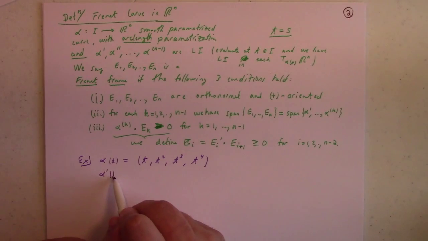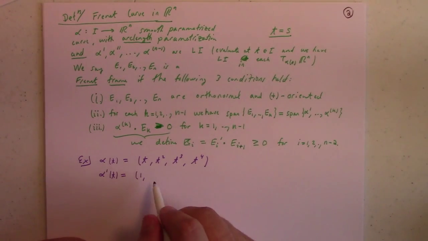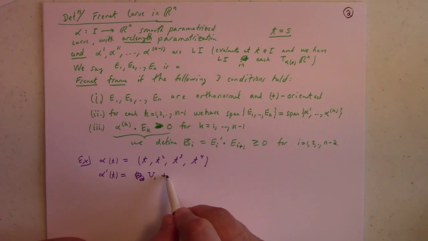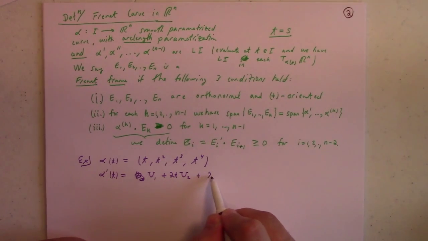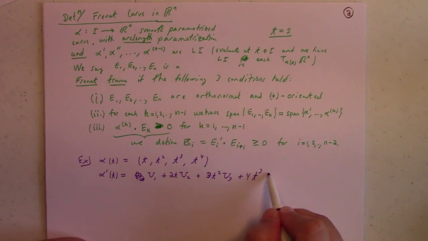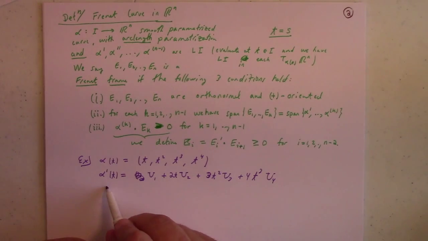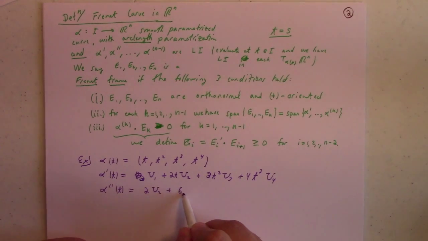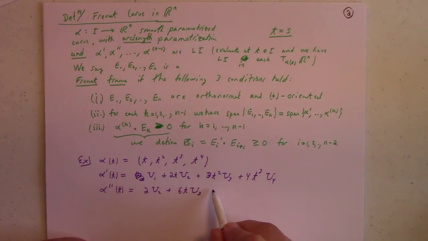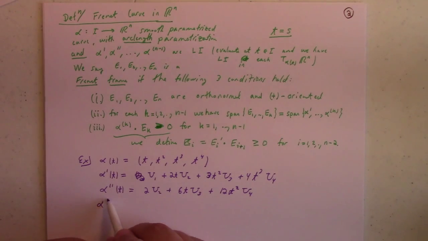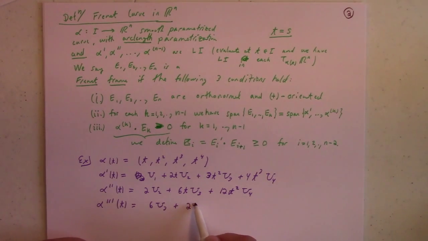Let's look at alpha prime of t. Of course, I really mean U1 plus 2t U2 plus 3t squared U3 plus 4t cubed U4, and then your acceleration, so 2U2 plus 6t U3 plus 12t squared U4, and alpha triple prime of t is 6U3 plus 24t U4.